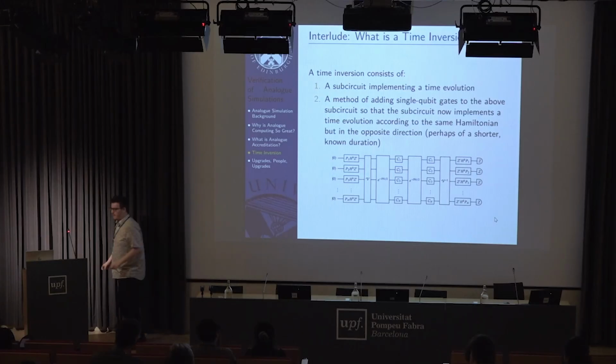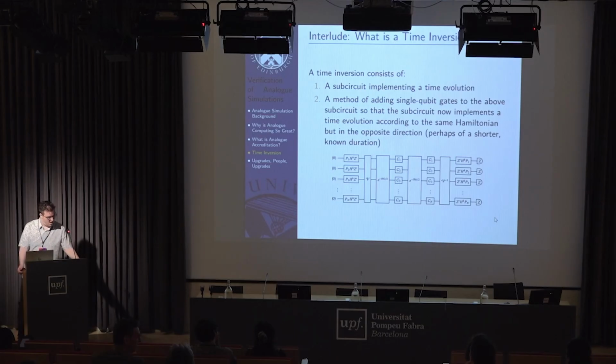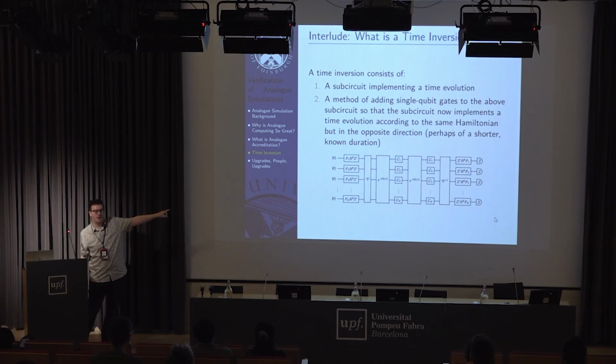However, if we were somehow able to find some T-gates, some single-qubit gates, such that this second time evolution can be inverted, as in made to go in the opposite direction, then it will cancel out with this first time evolution.